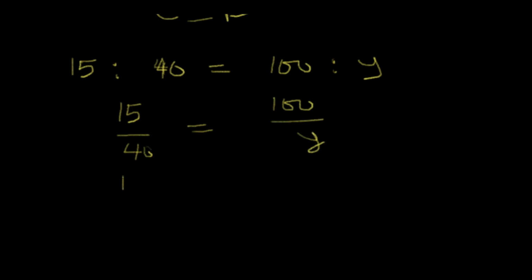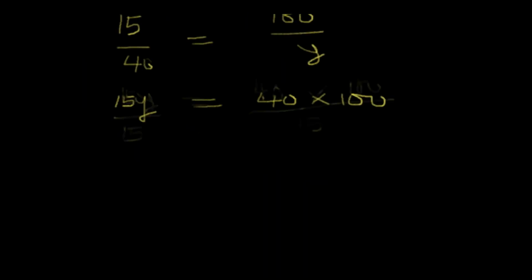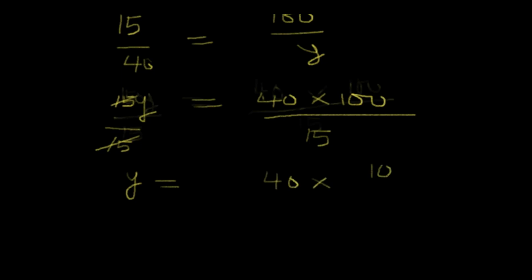So, cross multiply. 15 times Y is equal to 40 times 100. Divide both sides by 15. 15Y over 15 is equal to 40 times 100 over 15. So Y, which is the unknown quantity of caustic soda required to produce 100 liters of liquid soap, is equal to 40 times 100 over 15.